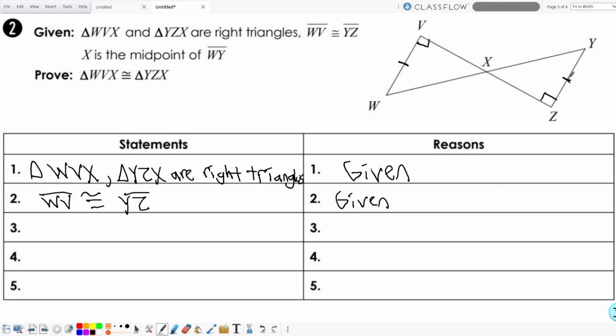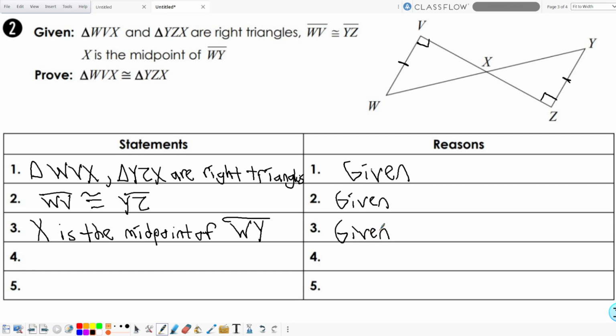So that would be our legs of these triangles, the legs of the triangle, because they are not the sides opposite to the right angle. And then we have the third part of our given. X is the midpoint of the side WY. That's a given.